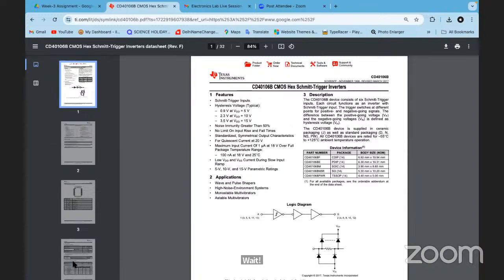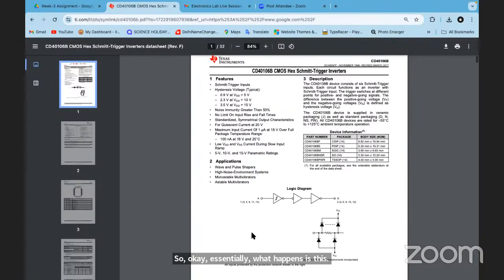Essentially what happens is this inverter here will work with much smaller current compared to the inverter that is there in that 74LS163.